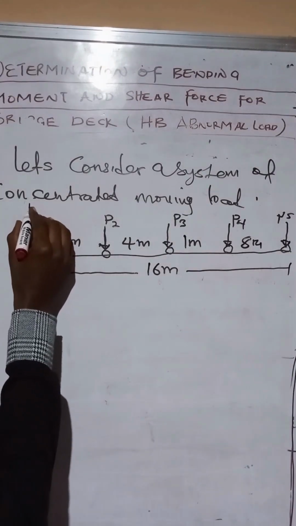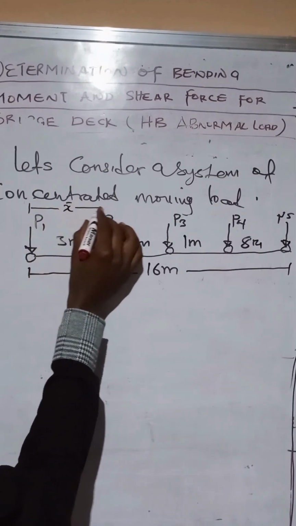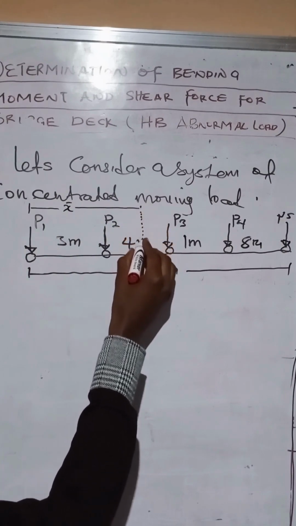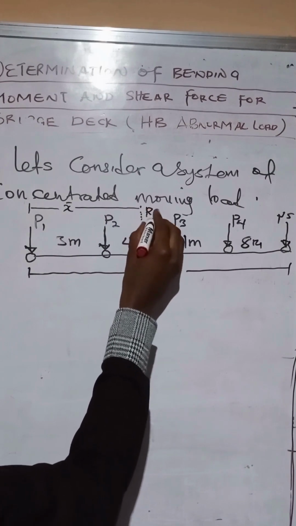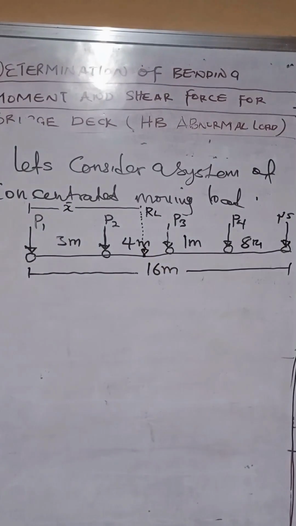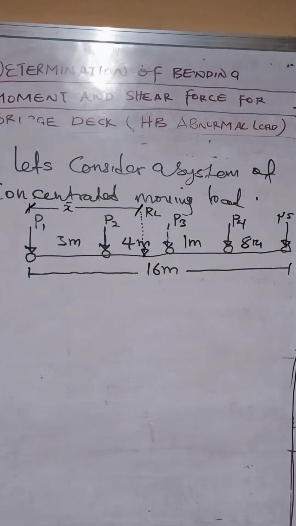Let's make an assumption: we know that the resultant load arrow is acting somewhere around here. If we have the resultant load arrow acting at that point, we need to obtain the distance.